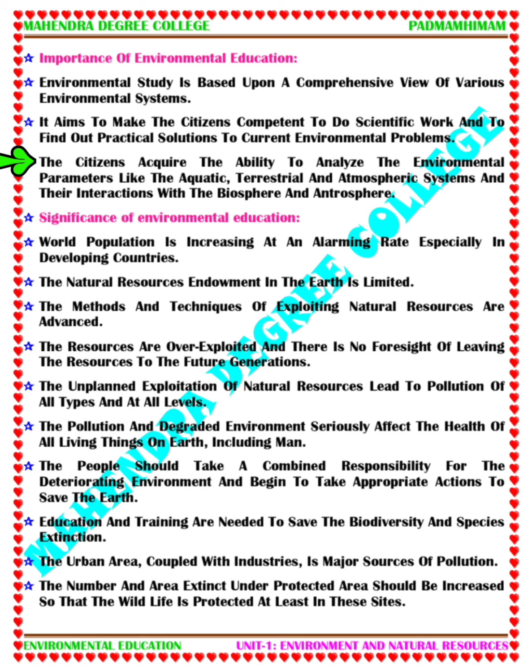It means citizens gain the skill to study and understand different parts of the environment. They learn to analyze aquatic systems such as rivers, lakes, and oceans. They also study terrestrial systems like soil, forests, and landforms.